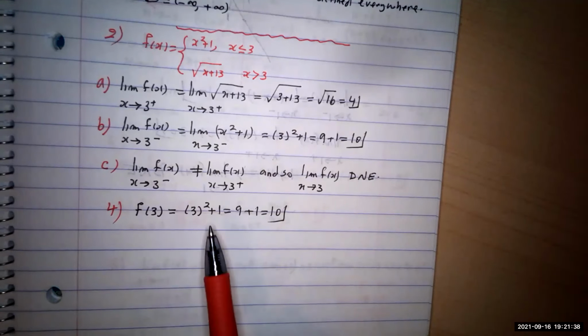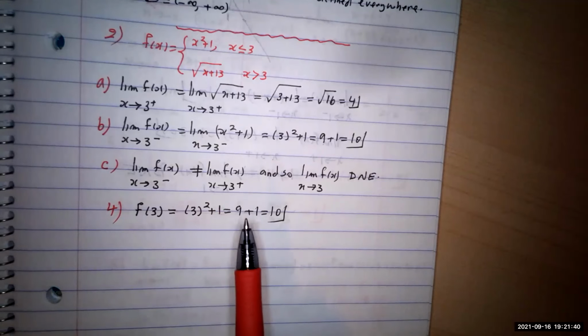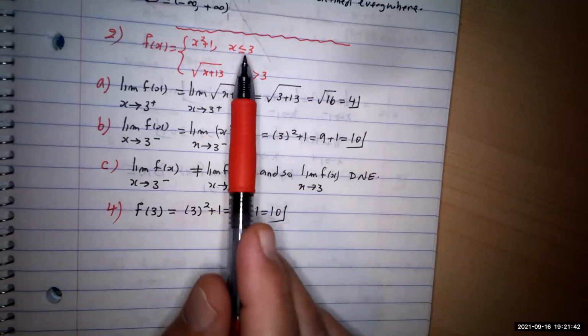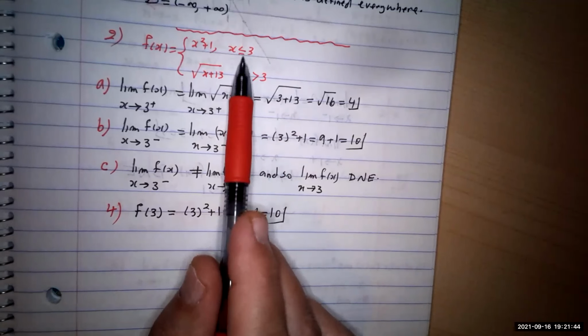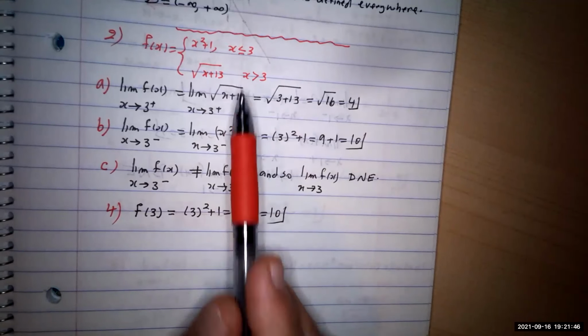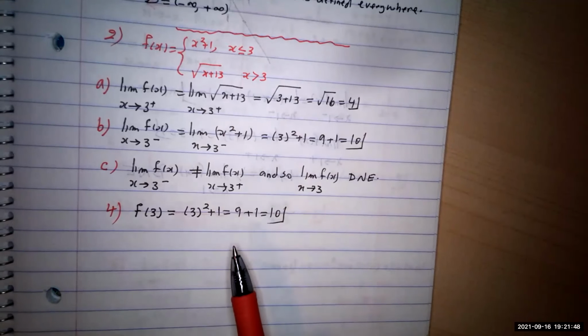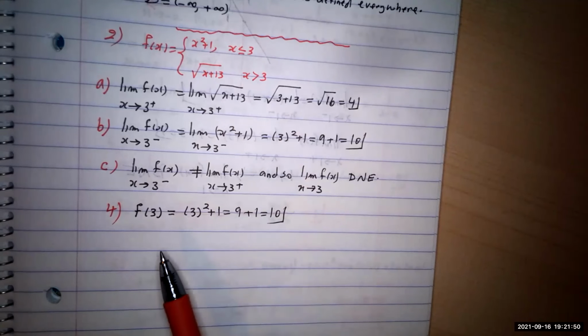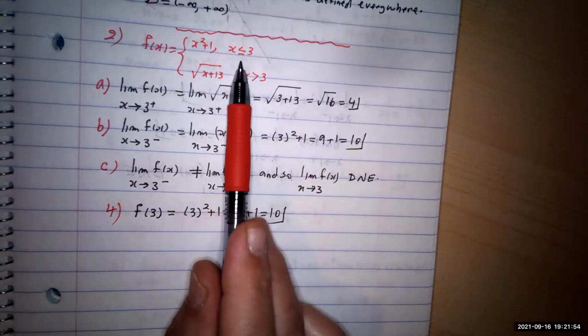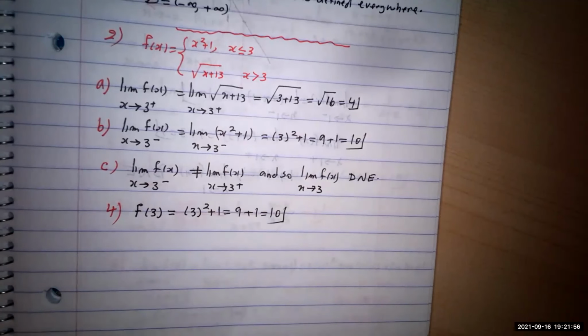You go back to see where you can put x equal to 3. You are going to use the first part. If this equality sign is missing, in that case f of 3 is undefined. So be prepared for this type of case. But in this case, we have the equality, so we use the first part, and the value of the function is equal to 10, and then we're done.